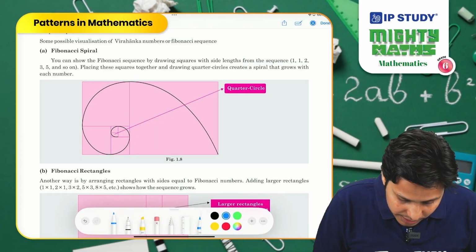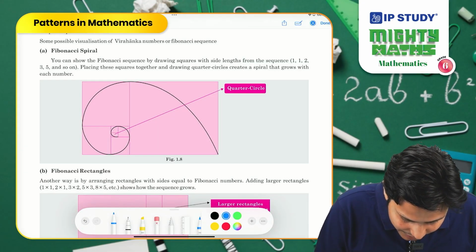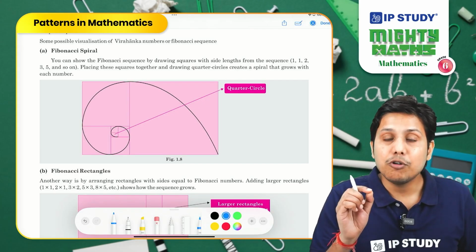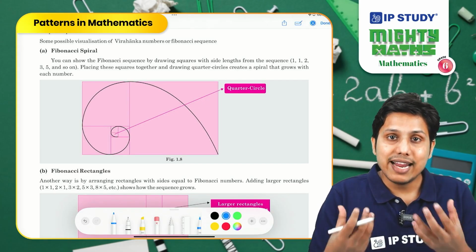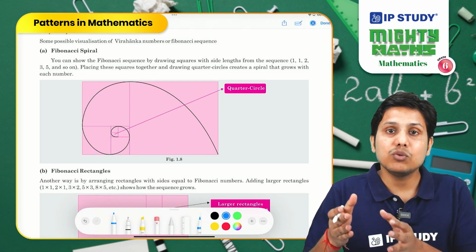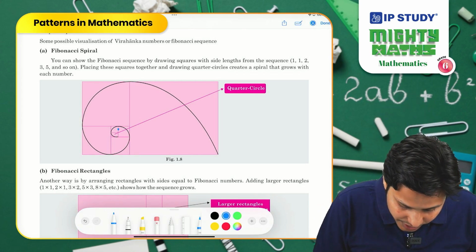For example, the smaller square that we are observing here has a side length of 1 unit, and if we want to add the next square, it is aligned to the previous square, and the side length of the new square will be 2, and it is attached to the square itself.